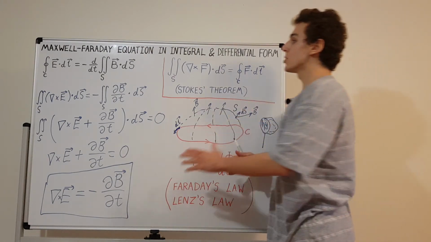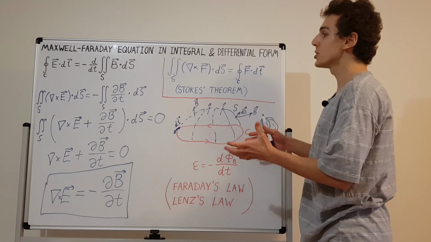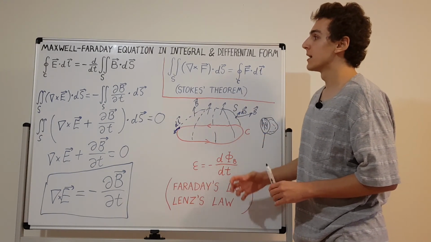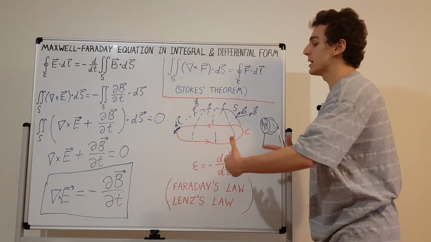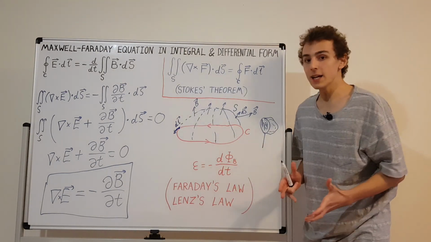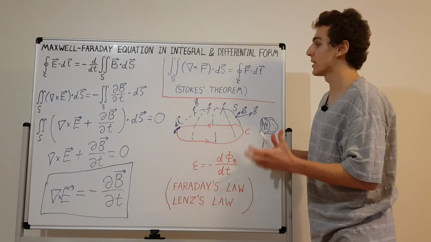So those are the two forms that are commonly presented for the Maxwell-Faraday equation. And I want you to take away from this video: what does it actually mean to have a flux through a surface? What does that mean for the circulation around the boundary curve? And what does that mean for physical laws, particularly Faraday's law of induction?